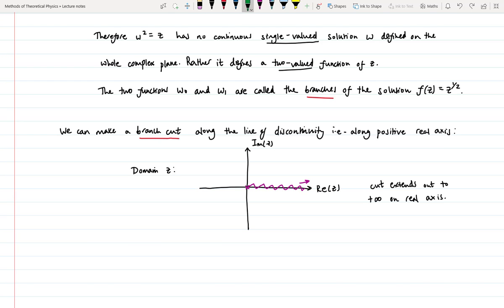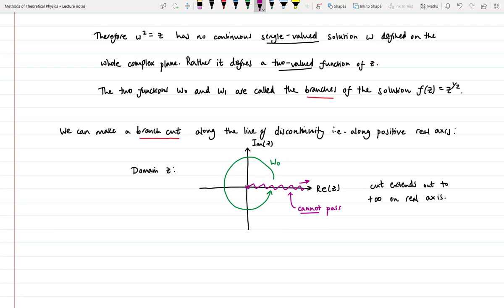This branch cut means that the input to our function can no longer make more than one full circuit in the complex plane. This defines the input to the branch of the function w0. Crucially, the input to our function now cannot pass this branch cut.